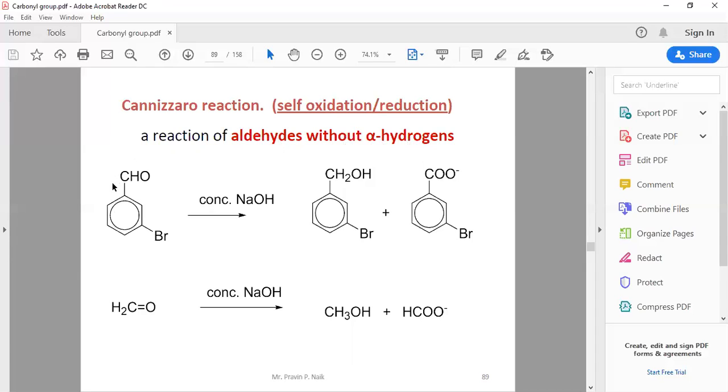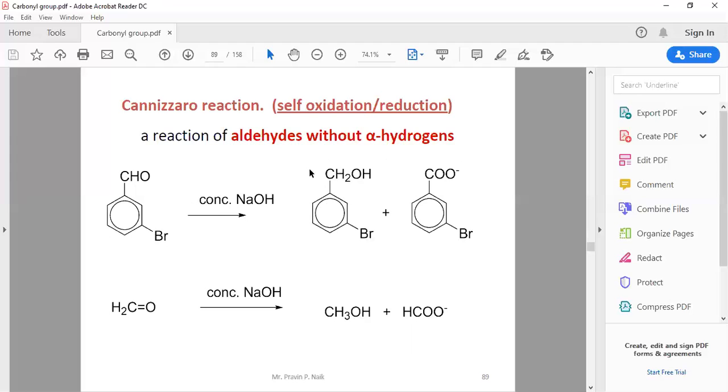So you can see here, this is the example of metabromo benzaldehyde. It does not contain alpha hydrogen, and therefore when we react it with concentrated sodium hydroxide solution, it undergoes self oxidation. So this is the oxidized product and this is the reduced product.